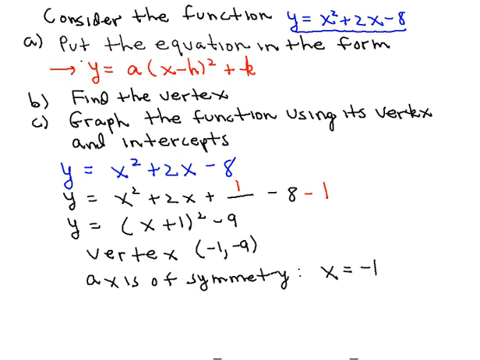Now we also know that the parabola will open up because the coefficient of the squared quantity is +1. So next we'll find the intercepts and then sketch the graph.